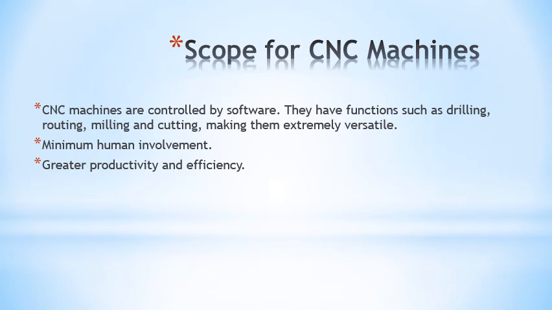The specialty of CNC machines is that they have minimum human involvement, which helps in greater productivity and efficiency. Since human involvement is least, it helps in getting the perfect output without any imperfections.